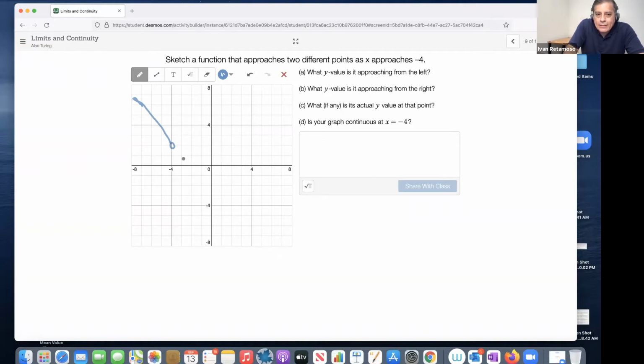And I don't want that to be the same as approaching from the right. So another thing I can do is approach from the right now to another point, perhaps this. And here I can have a solid circle. Could be an empty circle too, it doesn't have to be solid. But the idea is that this value 5 should be different from this value 2.